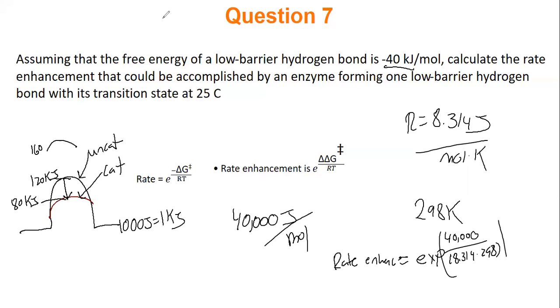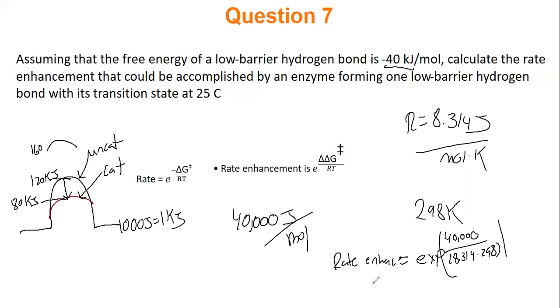So just keep in mind when doing this, for an enzyme, delta delta G will always be a positive value, even though we're talking about lowering energy here. It's weird, I know, doesn't make sense. Just let it stew. But all you need to remember is that delta delta G should be a positive value for rate enhancement.